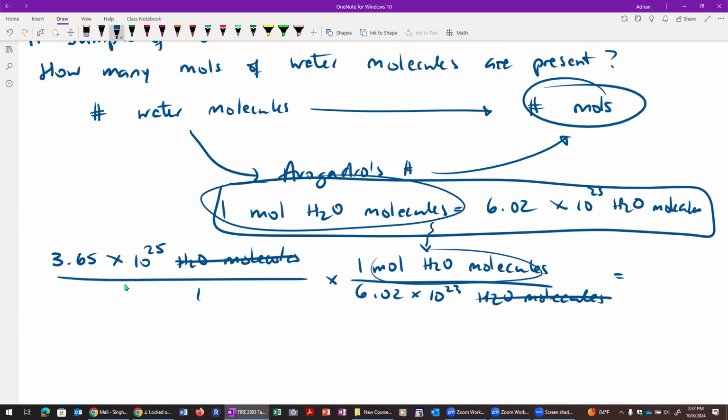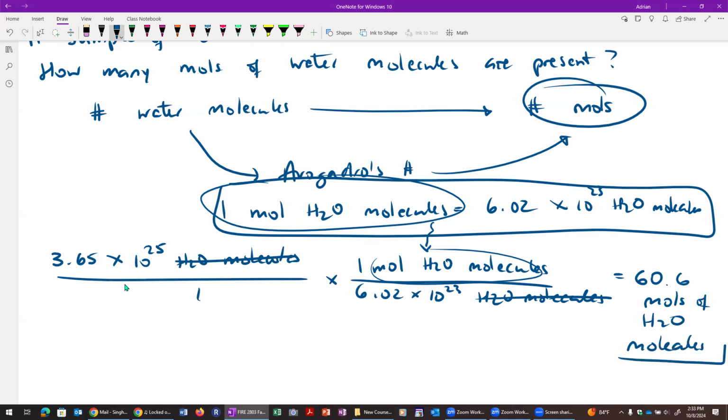That should give 60.6, so 3 sig figs, and that's moles of H2O molecules.